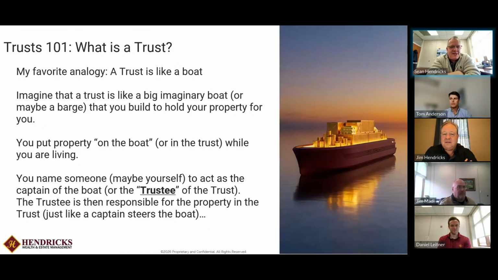If you imagine that a trust is like a big imaginary boat or a barge that you build while you're living to hold property for you. So you put property on the boat or in the trust while you're living, and then you name someone, it could be yourself or it might not be yourself, to act as the captain of the boat, or the trustee of the trust. The trustee is then responsible for the property in the trust, just like the captain is responsible for the property on the boat.